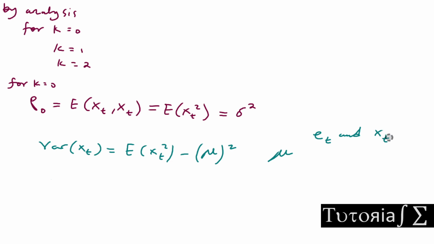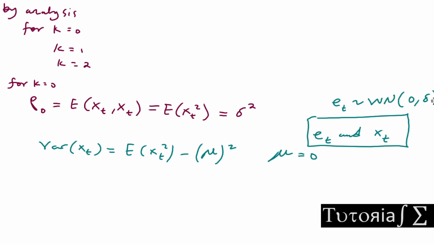So this is what you should remember for the rest of the video: for et and xt, the mean is equal to 0 since et is a white noise, which has zero mean and constant variance. So the mean is 0, meaning that the variance of xt will be equal to the expectation of xt squared. So remember this: wherever we see the expectation of something squared, we'll take that to be the variance.